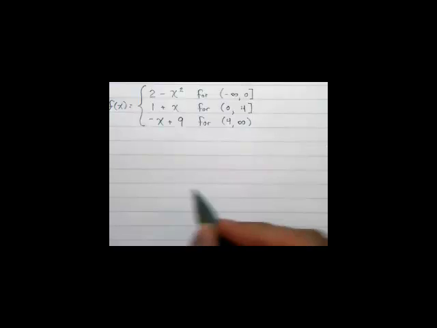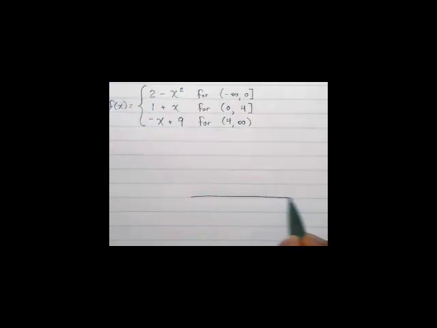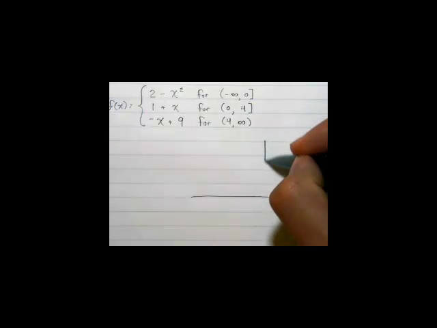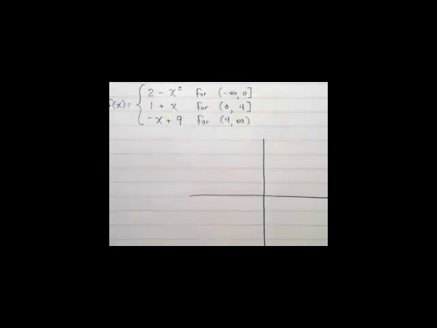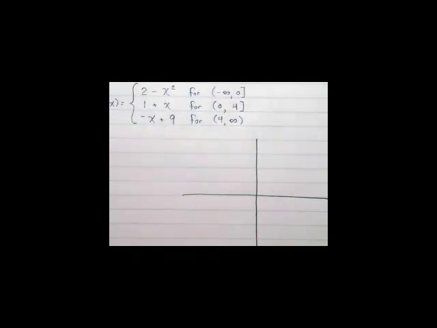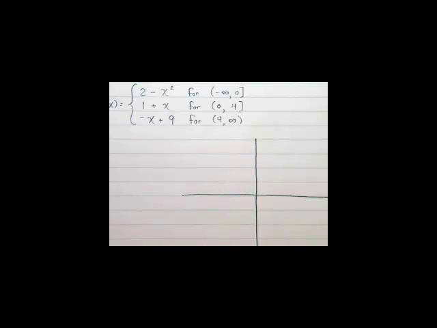So we're going to start with the first piece. And this one will need the whole coordinate plane to do it. All right, so that first piece is from negative infinity to 0. It's going to look like the parabola 2 minus x squared. Okay, so let's at least get the right endpoint.